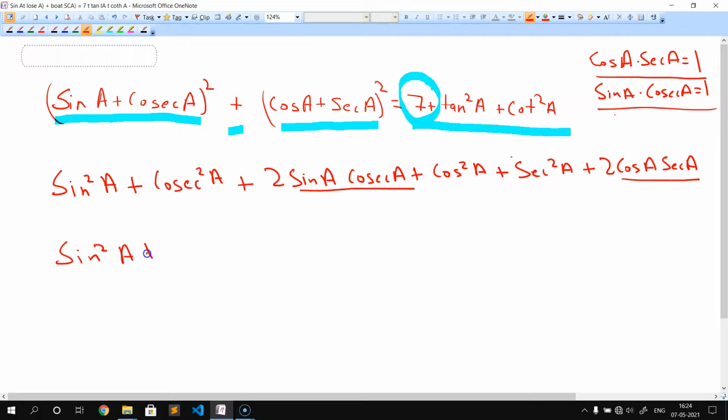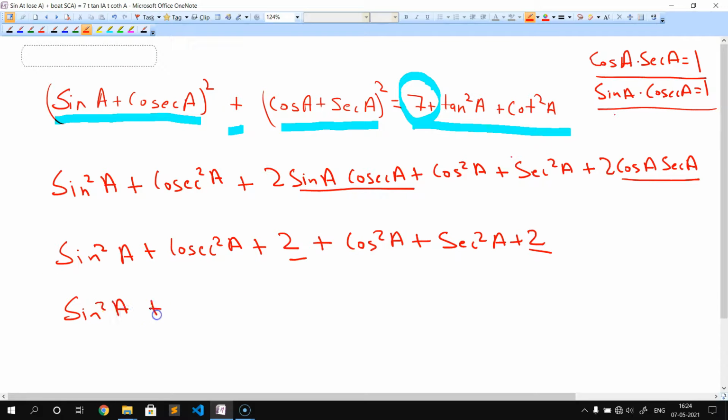So here it's cos A sec A and sin A cosec A, so they will become 1. Sin square A plus cosec square A plus 2 multiplied by 1 equals 2, plus cos square A plus sec square A plus 2 multiplied by 1 equals 2, and they add up to form 4. Sin square A plus cosec square A plus cos square A plus sec square A plus 4.